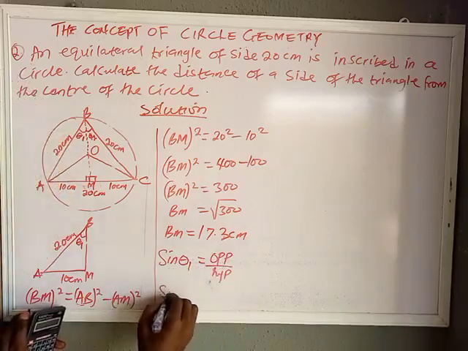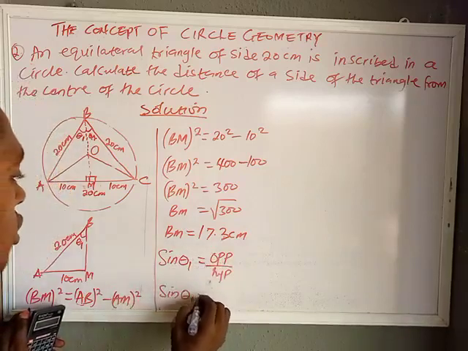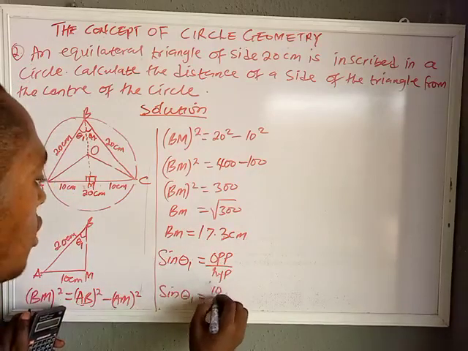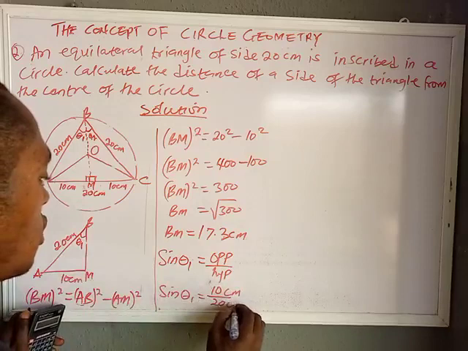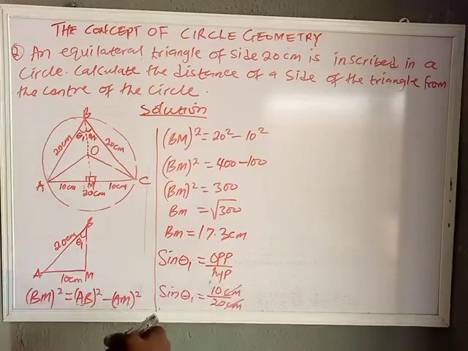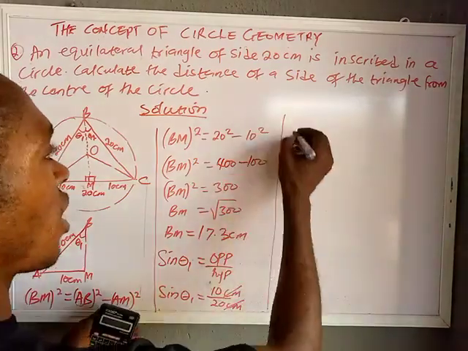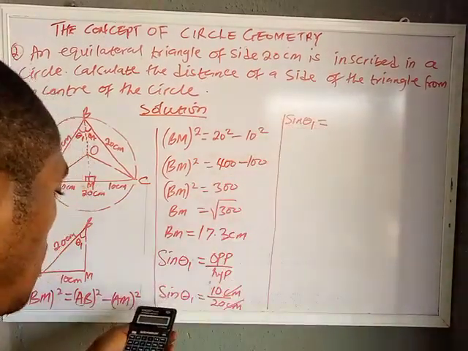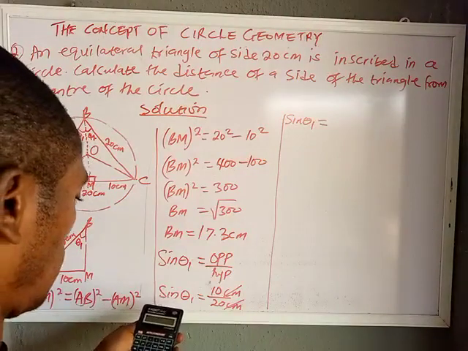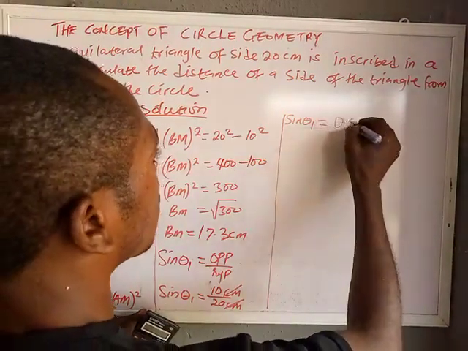So we have sine theta 1 is going to be opposite, 10 centimeters over 20 centimeters. The centimeter will cancel the other centimeter. So sine theta 1 equals 10 divided by 20, which will give you 0.5.